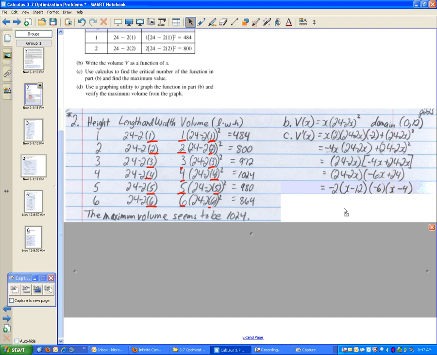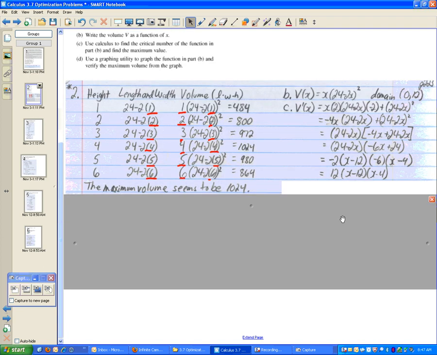I'm going to factor a negative 2 out of the first parentheses and a negative 6 out of the second parentheses. So finally, my first derivative is positive 12, negative 2 times negative 6, times the quantity x minus 12, times the quantity x minus 4.